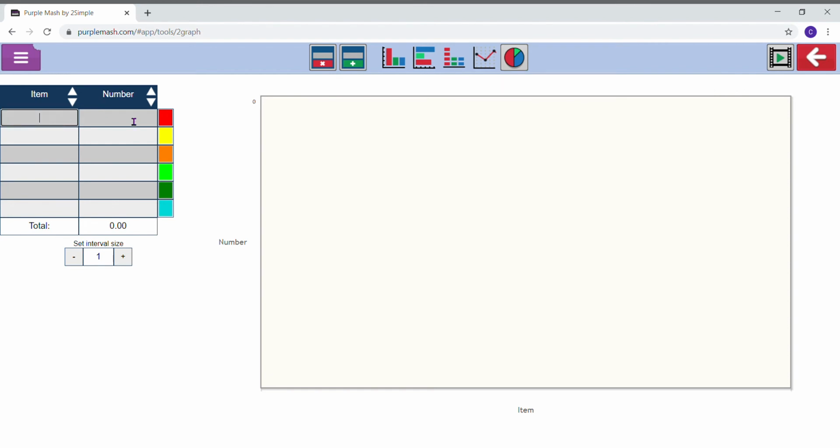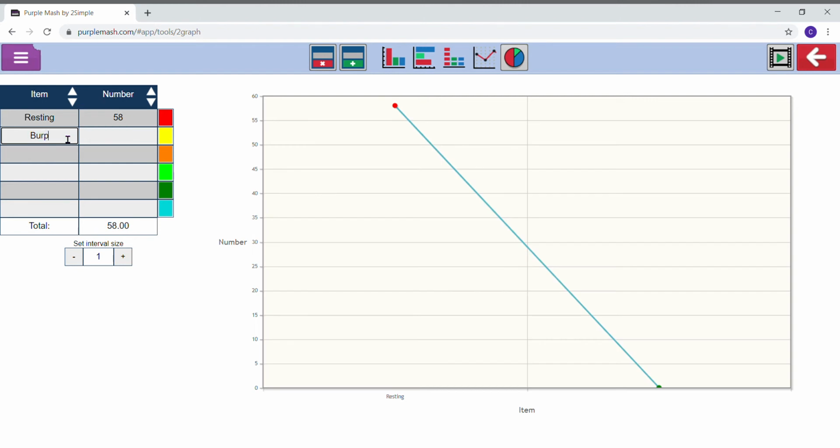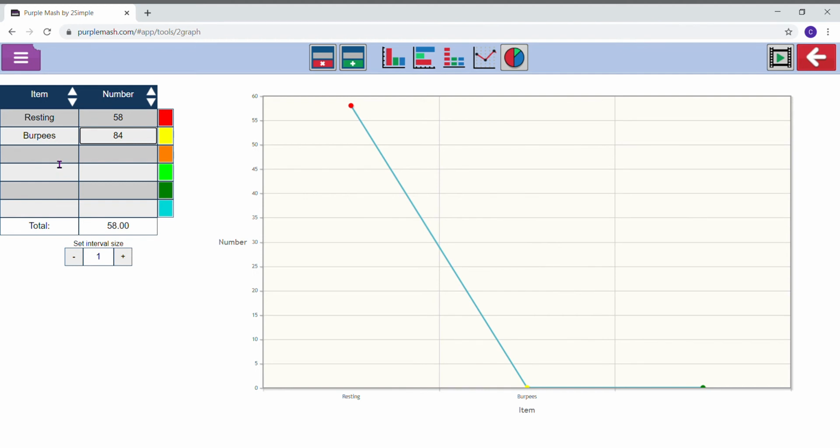And then you've got your item and your number. So down here on the left is where you will type in the exercises. So resting and what your heart rate was when it was resting. So mine was 58. You can then type in the other exercises. So burpees, and my heart rate was 84.